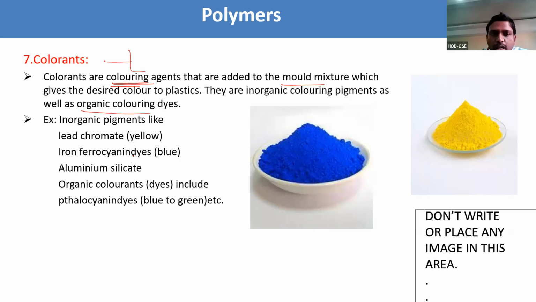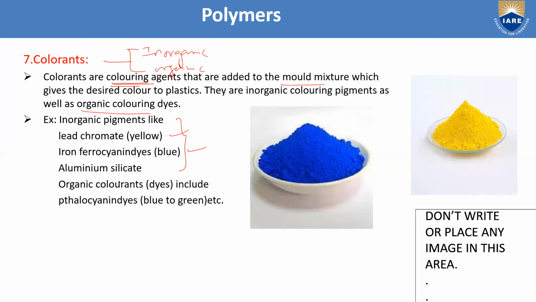And organic coloring includes cyanine dyes, which are blue to green in color, etc. These are the inorganic and organic dyes used as coloring agents in the molding mixture, which give the desired color to the plastics.